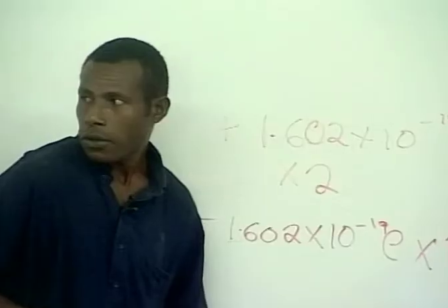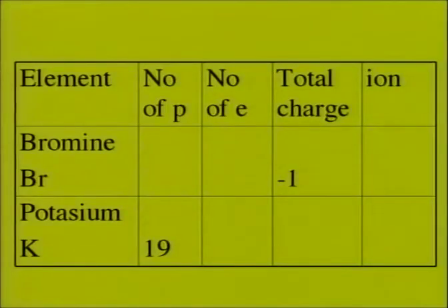So quickly go through each one of these. I'll give you the last. Okay, you have bromine, only the total charge is given, and potassium, only the proton number is given.